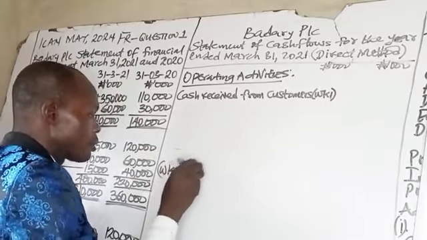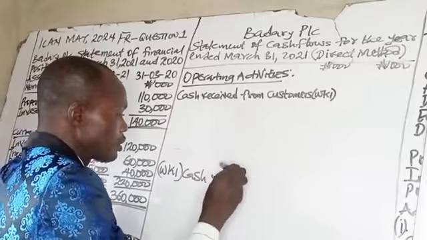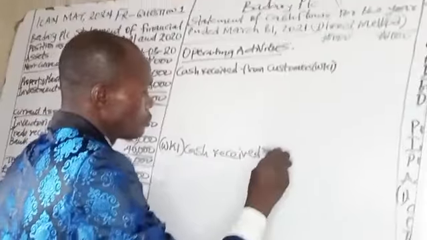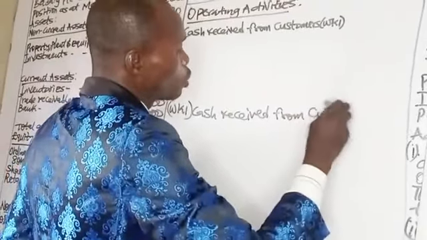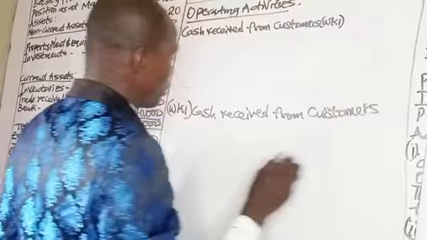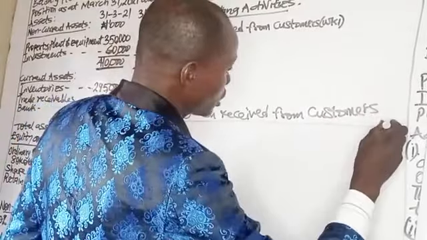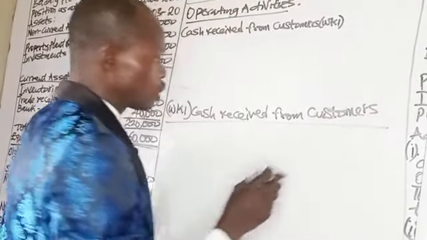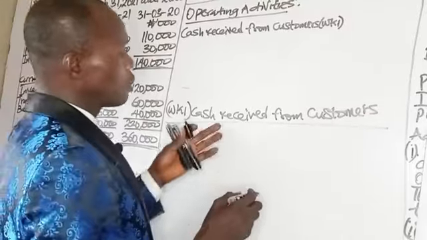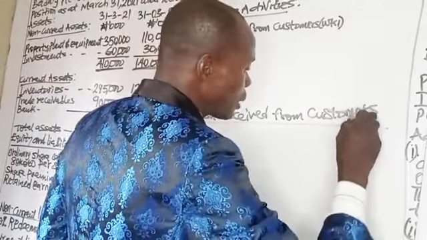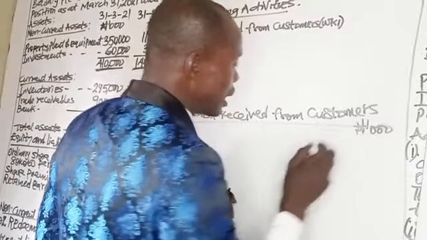Now, let me have working one. Cash received from customers. I will advise you to watch my earlier presentation on this topic, statement of cash flows using direct method. You can look for financial reporting by ZICA Academy.